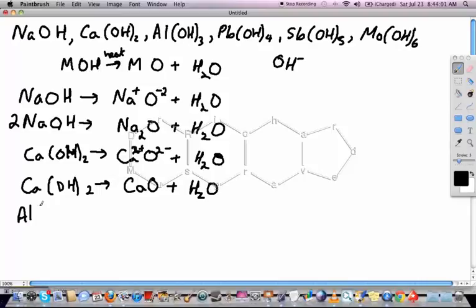Let's look at the next one, AlOH3. Al and O plus H2O. Aluminum is 3 plus and 2 minus. Remember, the charge is going to be the opposite to the number of hydroxides we have.